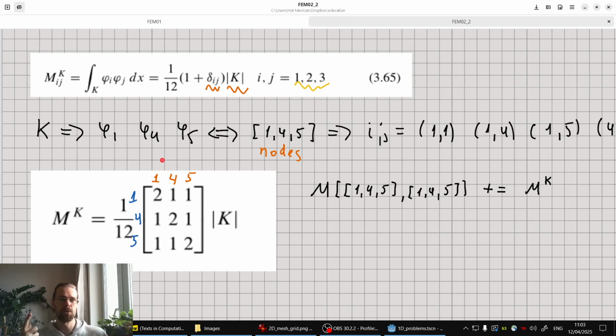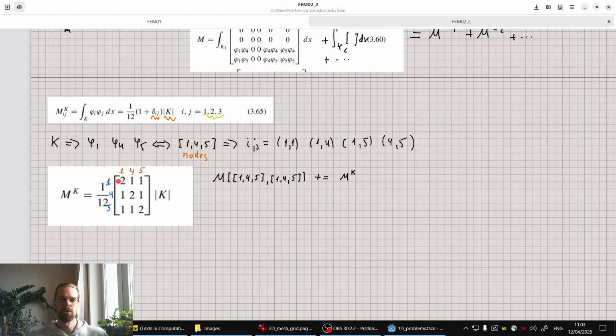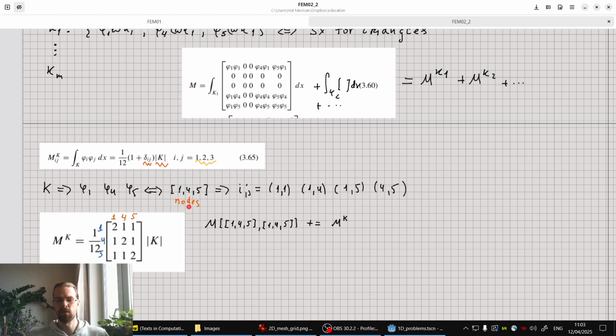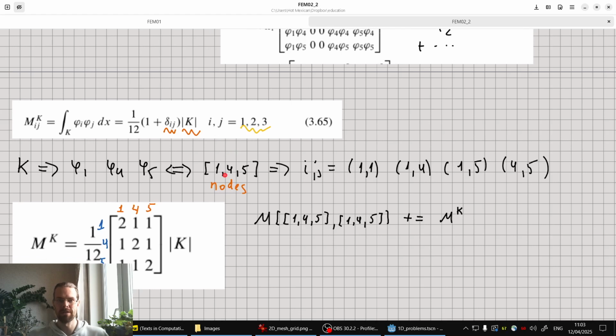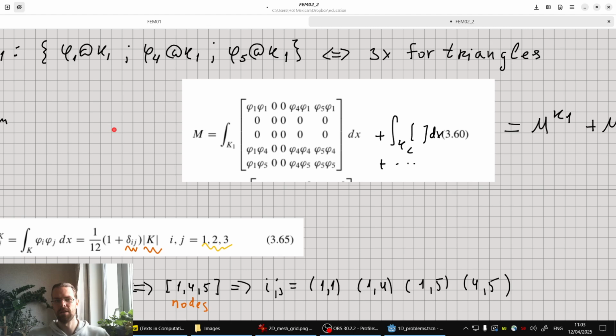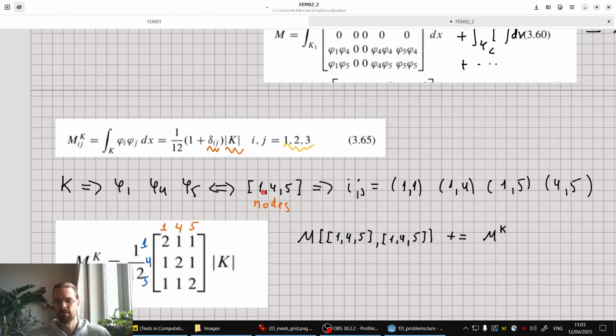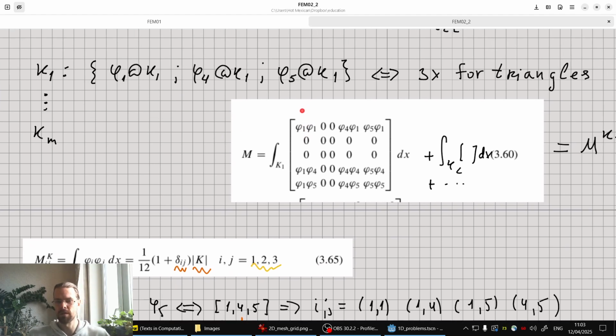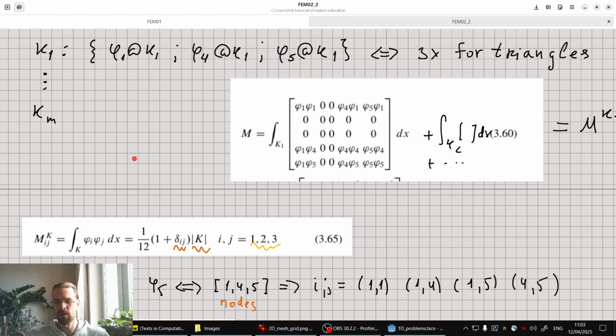And our approach will be just to map from this local index 1,1, 1,2, whatever, into the global matrix. For it, of course, we know the indices, as I will show you how. We will know the indices of each triangle, and this matrix is formed by ordered rows and columns as node 1, node 2, node 3, node 4, and so on.